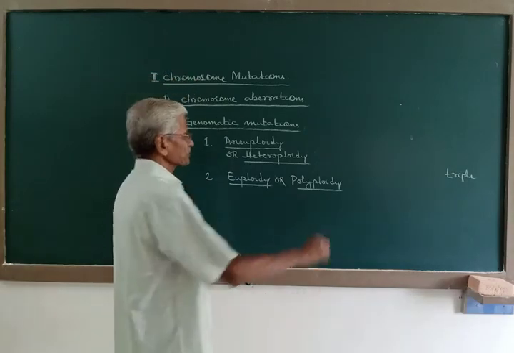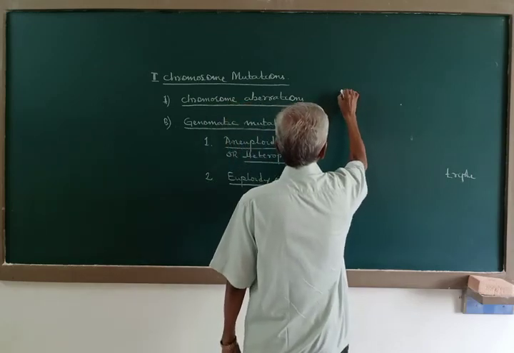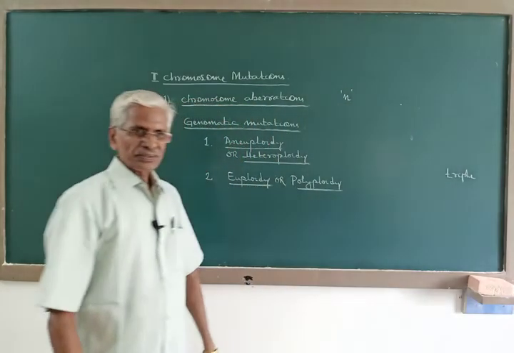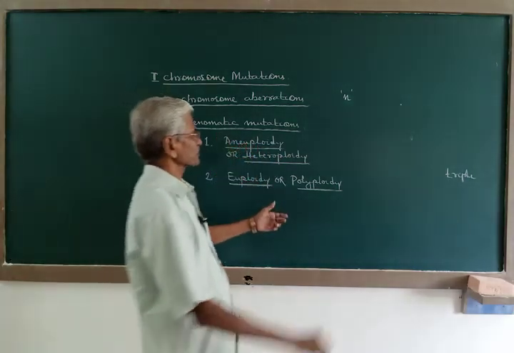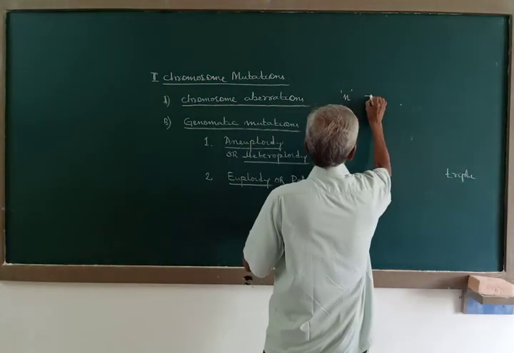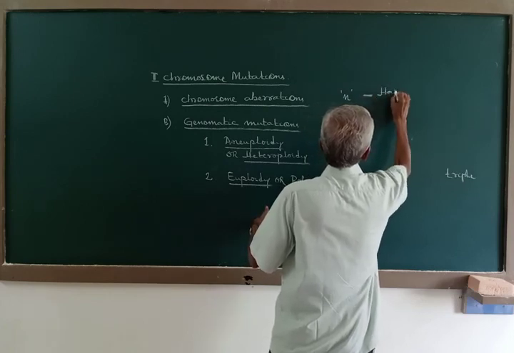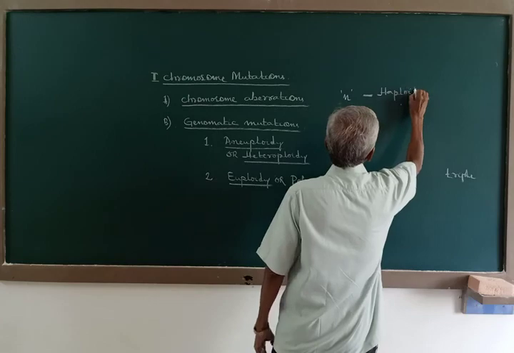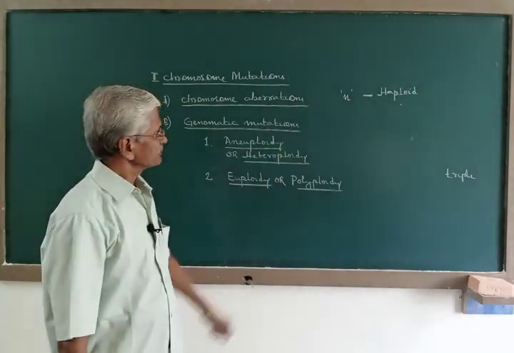Each set of chromosomes is denoted as n. N stands for one set of chromosomes. One set of chromosomes is called haploid or monoploid.